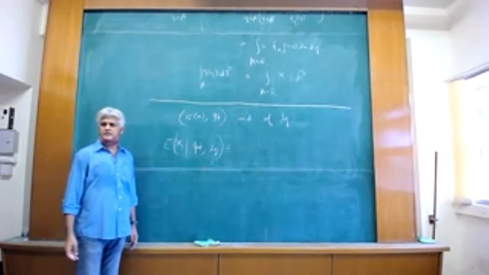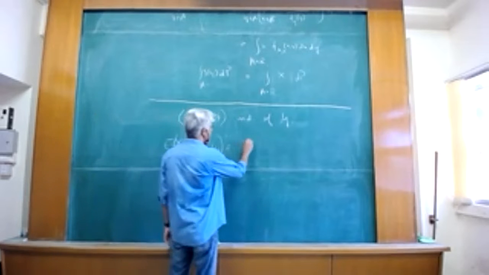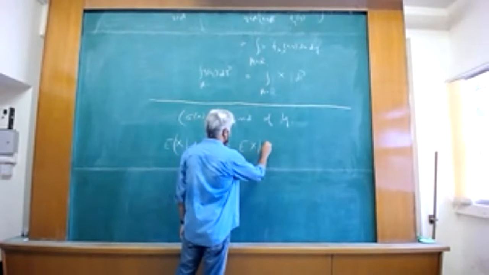E of X given H, right? Because G is independent, so there's no information there.